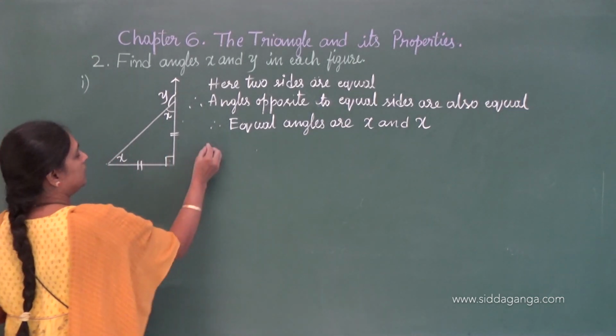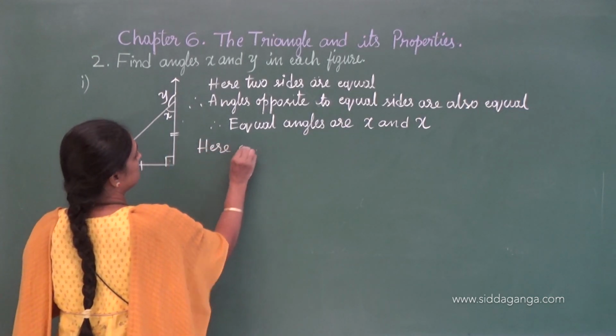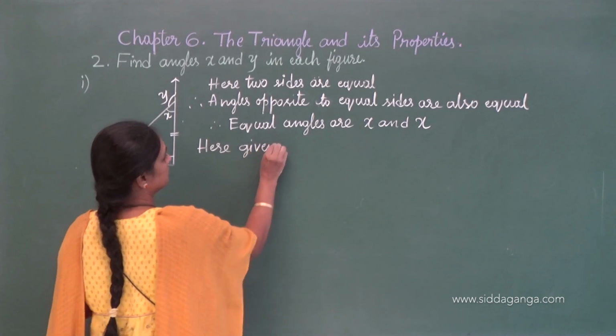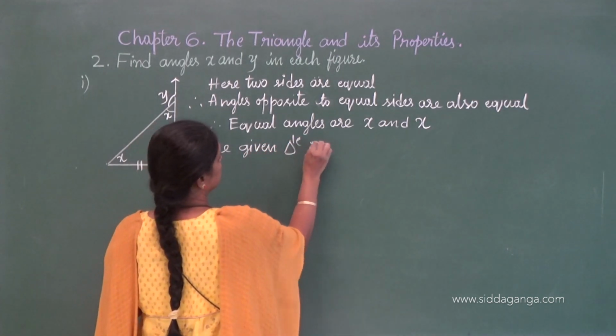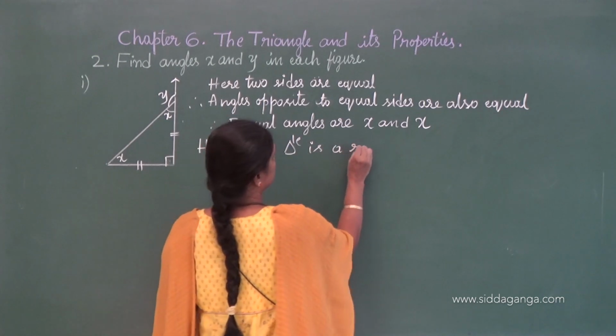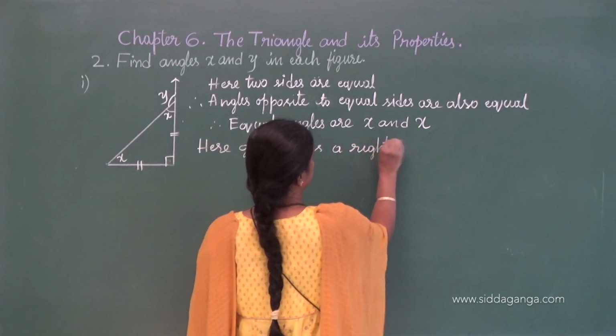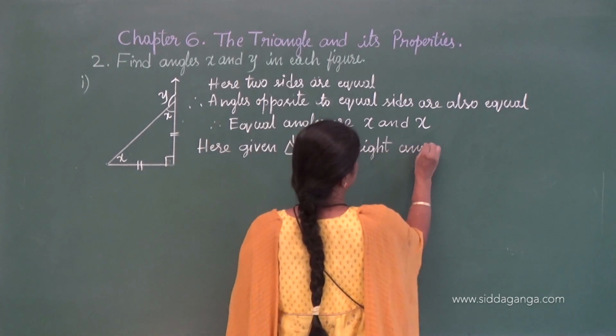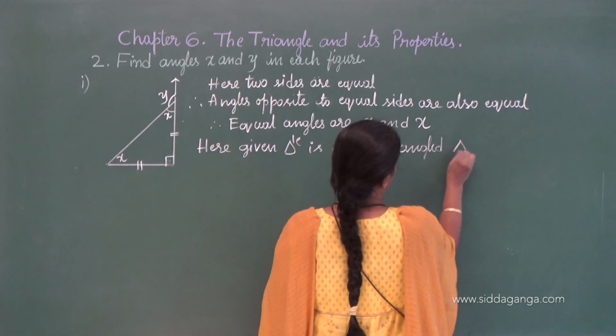Okay, here the given triangle is a right angled triangle.